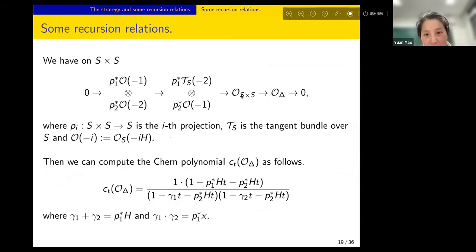If S is any other surface, maybe a ruled surface, maybe you still have something for this diagonal, but it's totally different, right? So you get a totally different Chern polynomial. Then maybe you have to compute it in another way. I don't know.